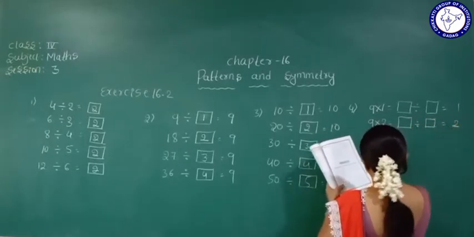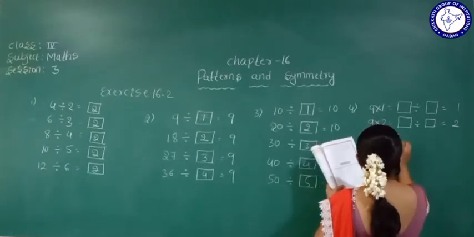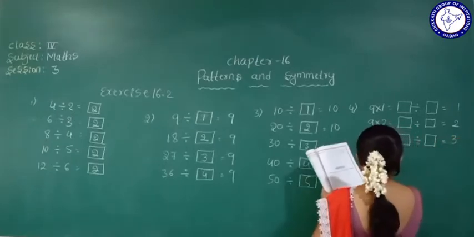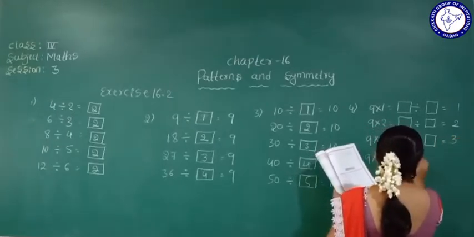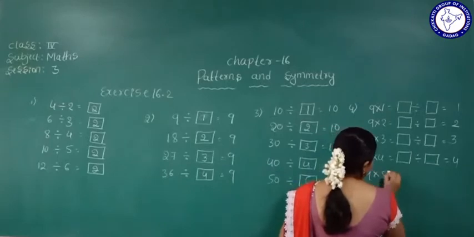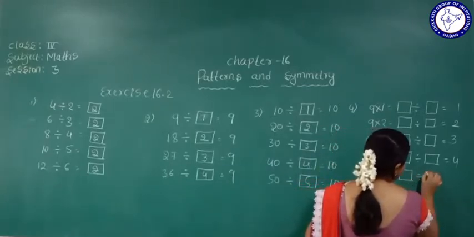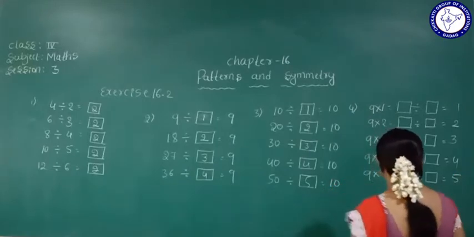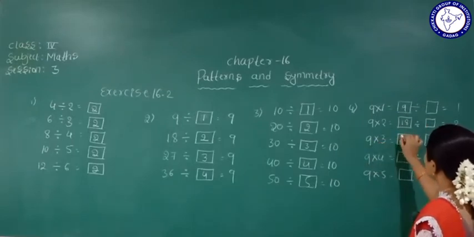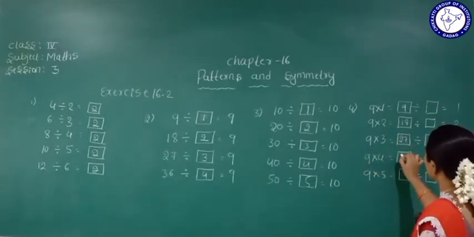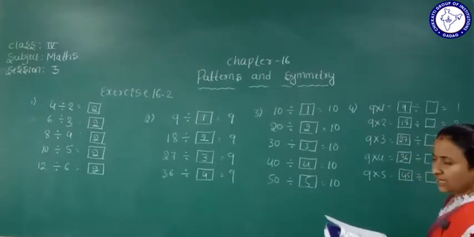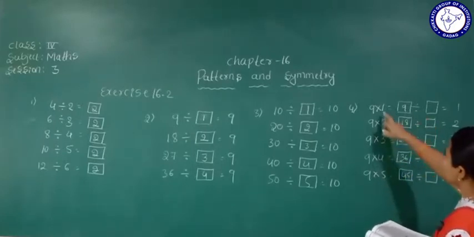Answer 2. 9 into 3 is equal to, 3. 9 into 4 is equal to, 4. 9 into 5 is equal to, divides, 5. First we will write here 9 1s are 9, 9 2s are 18, 9 3s are 27, 9 4s are 36, 9 5s are 45. So first we can write here the table, which means the multiplication form.